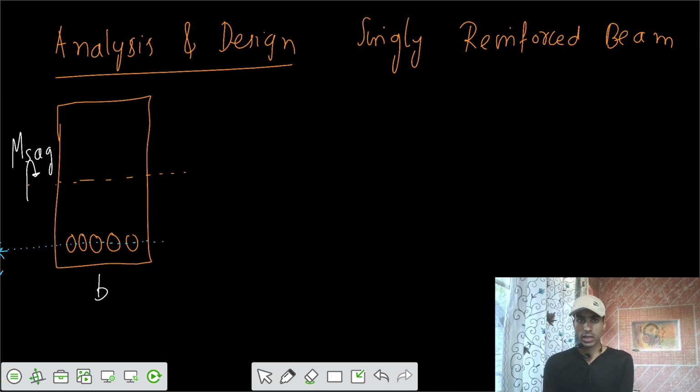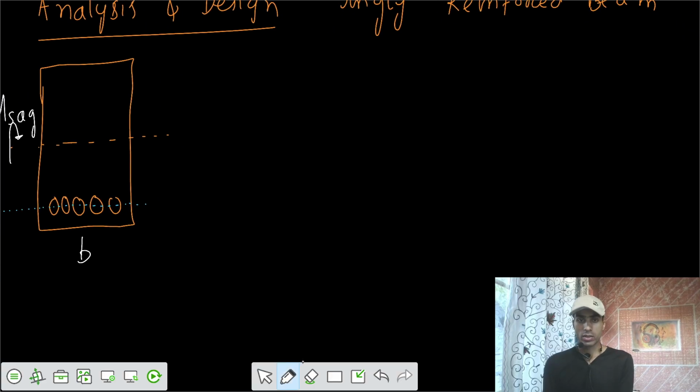Finally, we take the strain diagram in this fashion. We are taking the strain at the level of steel. This is our strain variation.